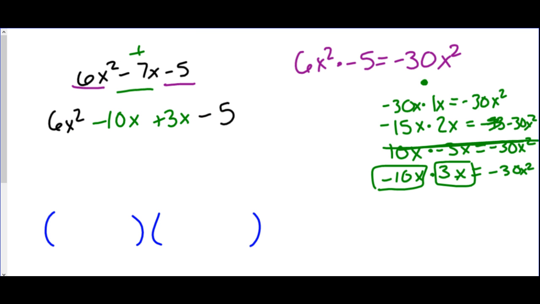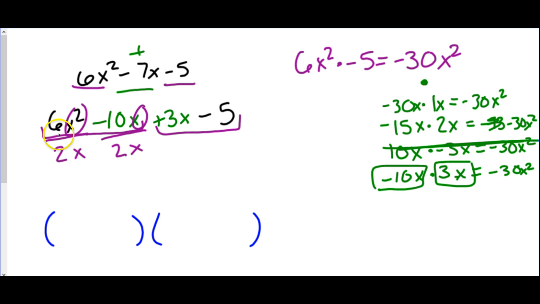So now we have to do something called factoring by grouping. We're going to look at the first two terms and the last two terms separately. We're going to do what's called the greatest common factor. So looking at 6 and 10, we're going to ask ourselves, is there anything that divides into both 6 and 10? Well, thinking about it, I know 2 divides into both of them. So they would both divide by 2, and they both contain an x, so we're going to put a 2x.